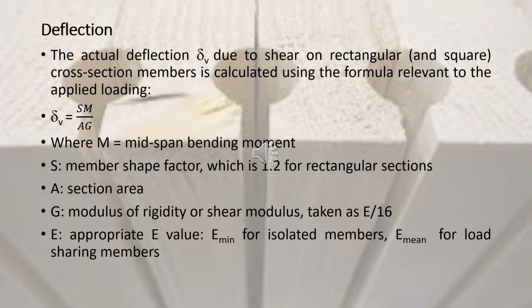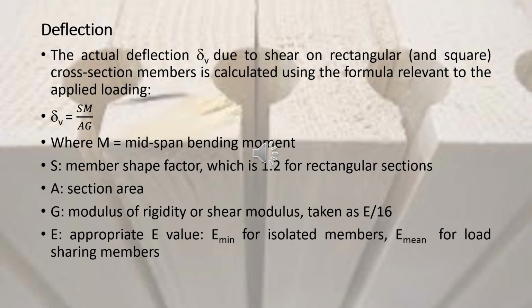Now, the deflection due to shear is calculated using the formula provided below, that is the shape factor multiplied by the midspan moment, that is the maximum moment, divided by the section area multiplied by the modulus of rigidity or shear modulus, right? So this is the formula you use to determine the shear deflection.